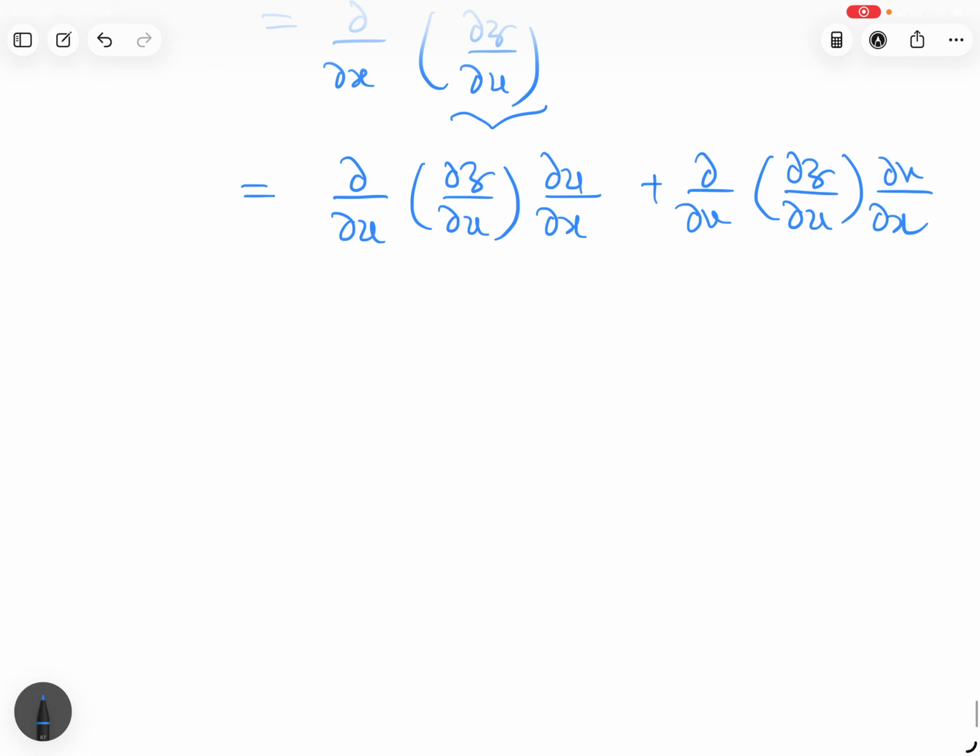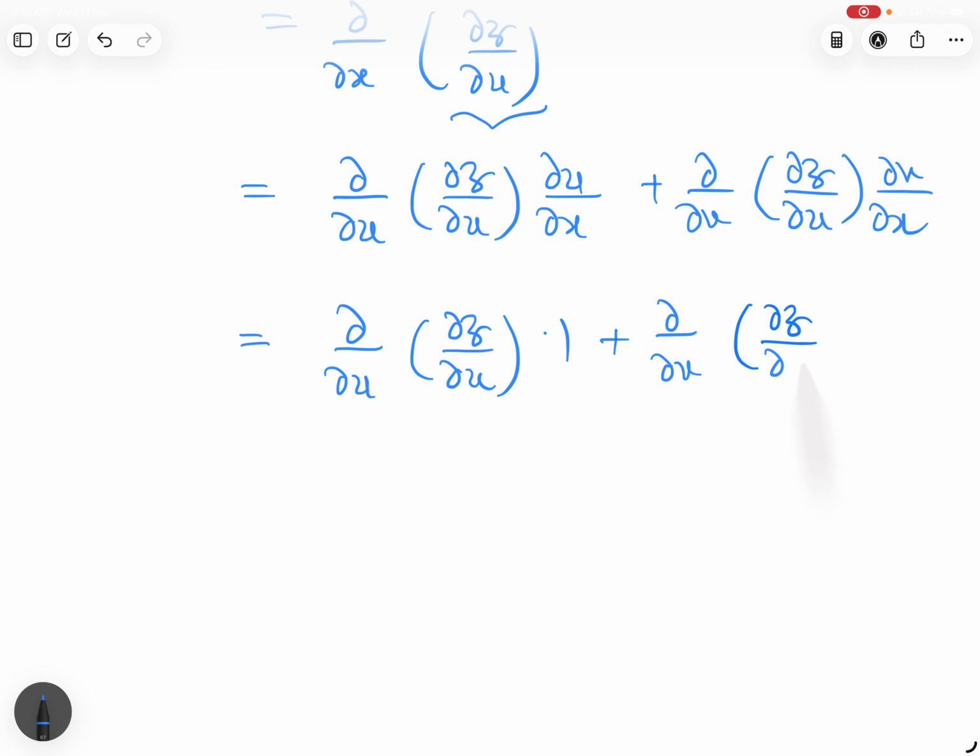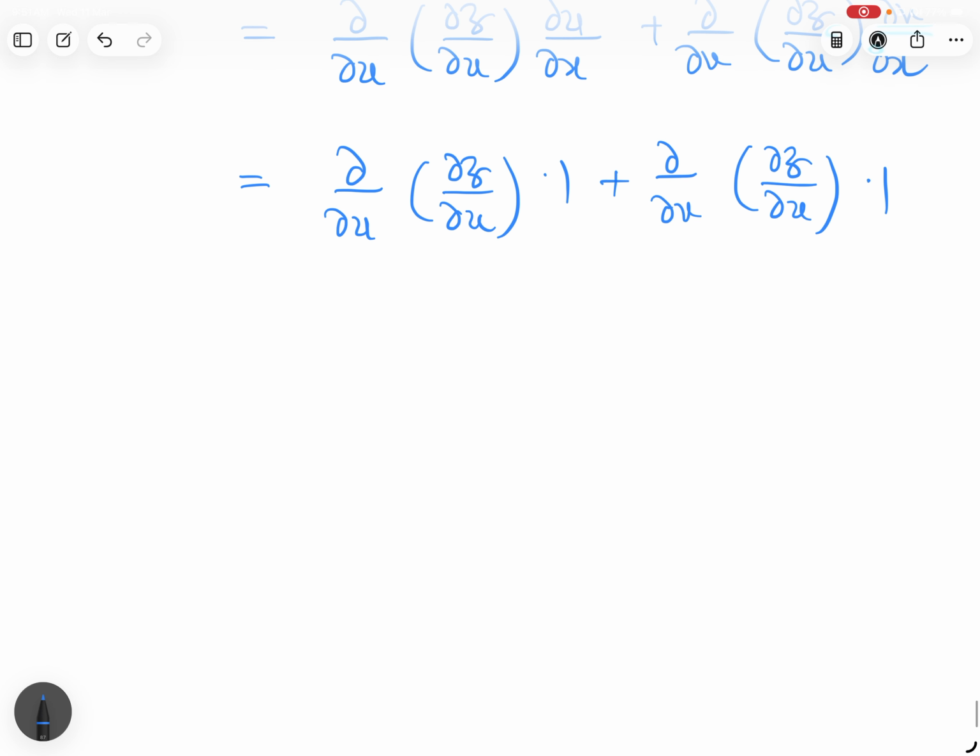Solve it. What is del U upon del X value? It is 1. And del V upon del X value is also 1. So what will this be? Del 2Z del U square.